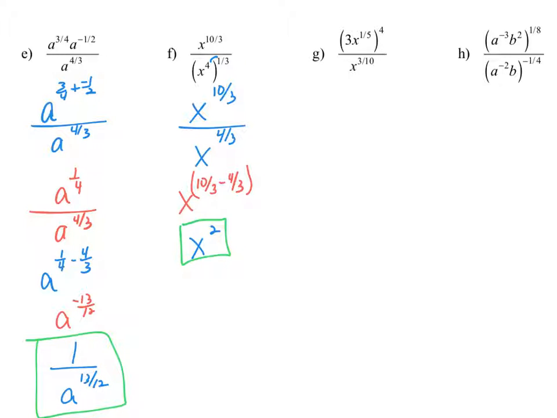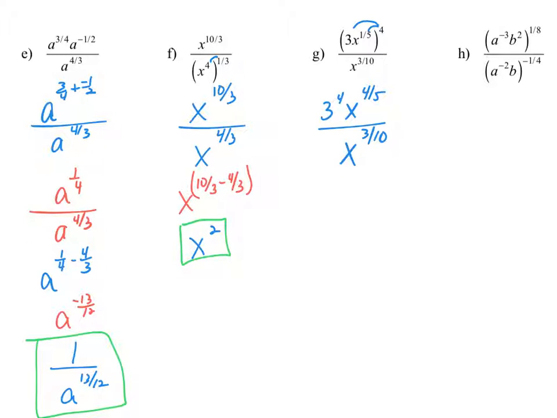In example G, we have the quantity 3x to the 1/5 all to the 4th power, and then in the denominator, x to the 3/10 power. Let's first share this power of 4 with both items in the numerator. So we're going to write this as 3 to the 4th over x to the 1/5 times 4, which is x to the 4/5, all over x to the 3/10.